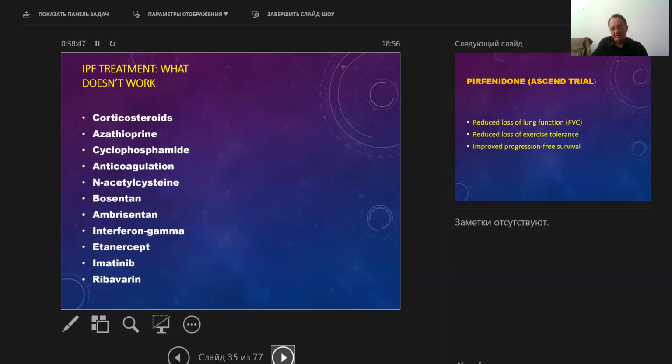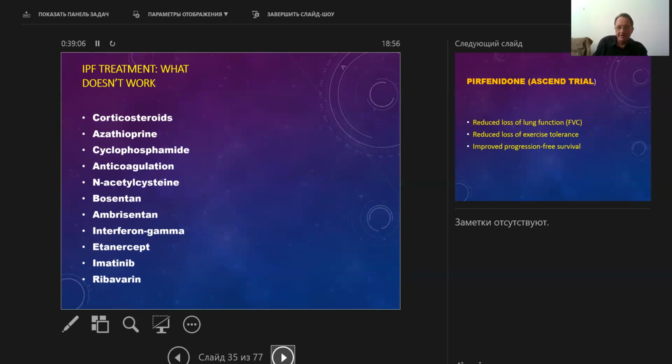According to this trial, one group of patients received this triple therapy, including corticosteroids, azathioprine, cyclophosphamide, and acetylcysteine. The other group received placebo.